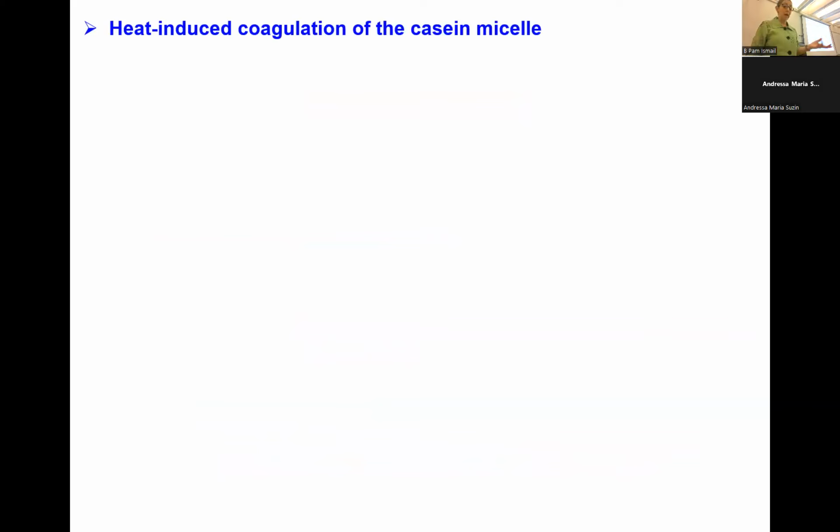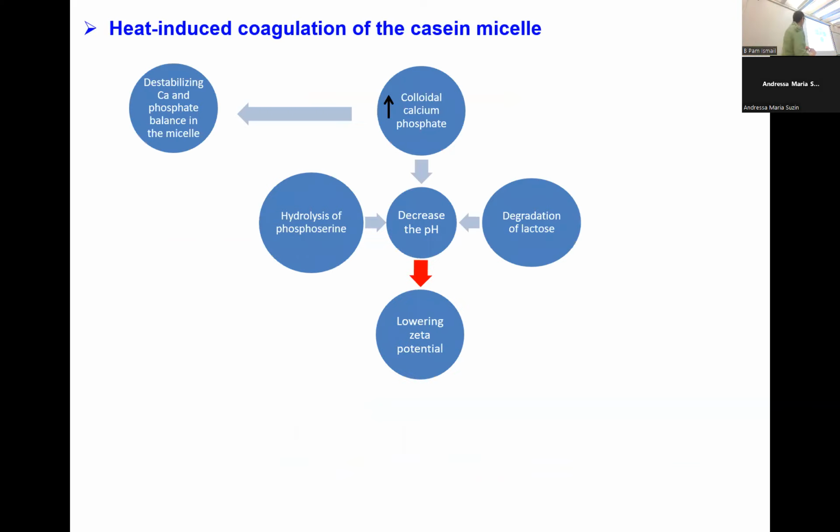Okay, so this is the diagram that might explain everything that I talked about. With high heat, we increase the colloidal calcium phosphate. So we form big clusters of calcium phosphate. That causes a decrease in pH. This leads to destabilization of the casein micelle because we changed the balance of calcium phosphate within the micelle itself.